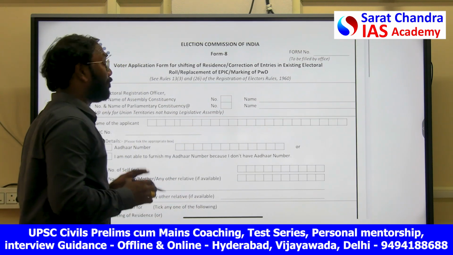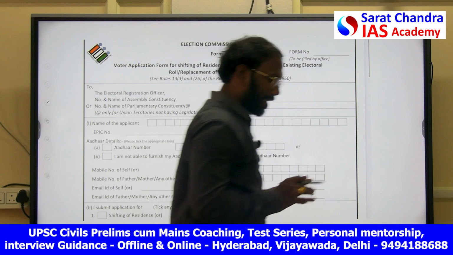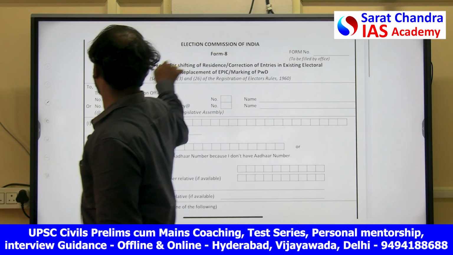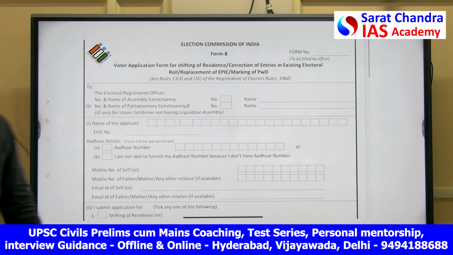Form 8 has two specific things. Form 8 of Rule 13 subclause 3 deals with corrections, shifting of residence, replacement of EPIC or marking PWD.